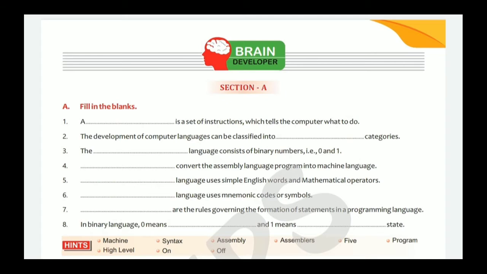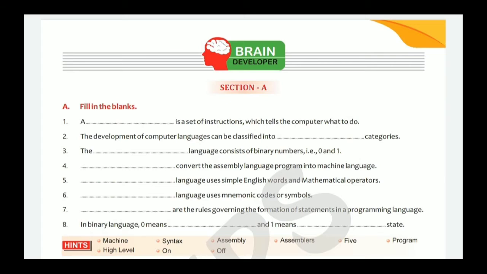So third generation language, high level language, uses English words and mathematical operations. Sixth is: dash language uses mnemonic codes or symbols. Which language uses mnemonic codes? Assembly language. Okay. Seventh is: dash are the rules governing the formation of statements in a programming language.